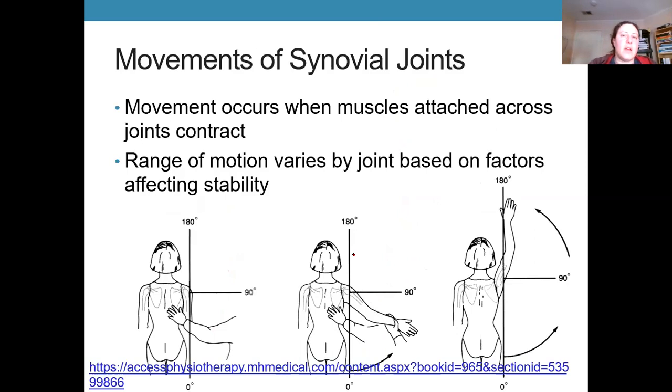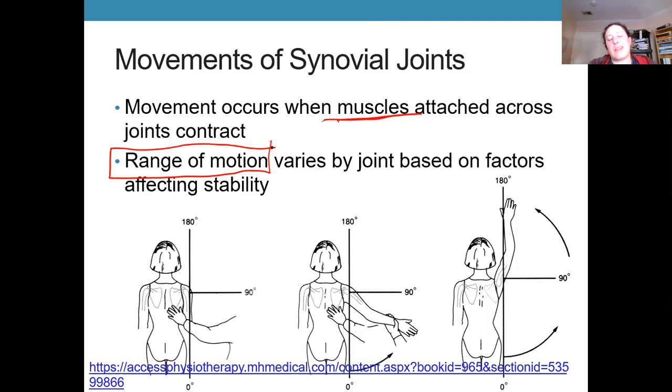And so when we talk about movement of synovial joints, what we mean is that we have muscles attaching to the bones across the joint. And when they contract, when they shorten, it's going to pull on one bone and move it at the location of the joint. How much movement a joint has, so its range of motion, depends on a lot of factors that affect stability.